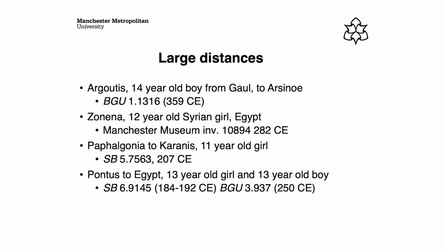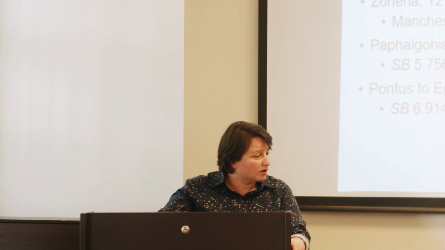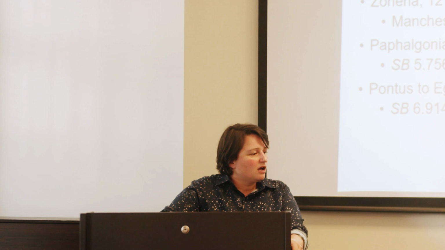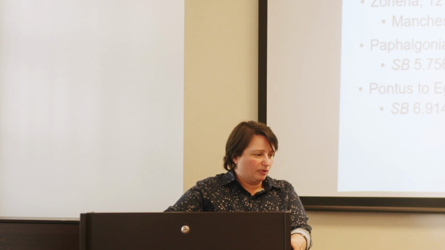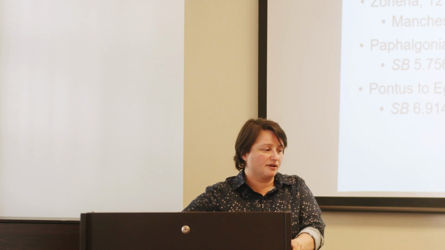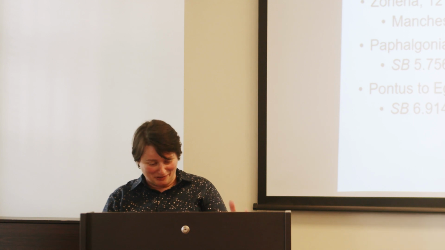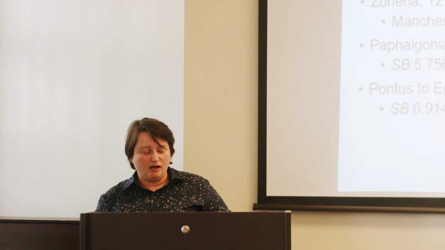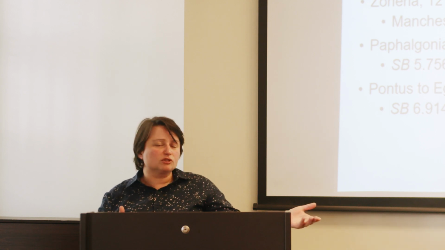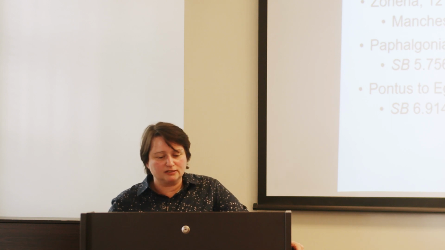And we have these cases in Egypt where we see children who'd been enslaved in Asia Minor, in one case in Paphlagonia, she ends up in the village of Karanis, and one from Pontus, a 13-year-old girl and a 13-year-old boy who end up in Heracleopolis Magna. I can never say that. These are small villages in the countryside of Egypt, and these are very, very long distances.